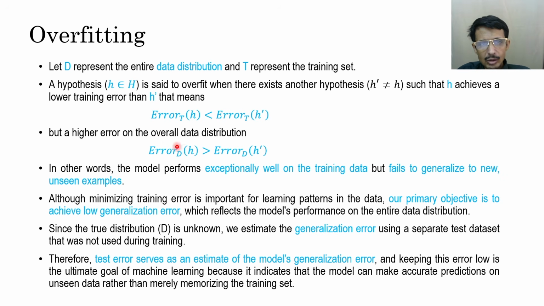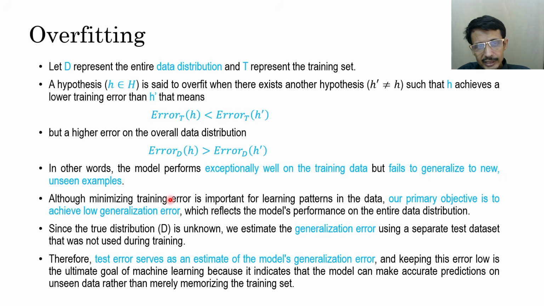So the test error, or error over the overall data distribution, is higher for H than for H bar. In other words, the model performs exceptionally well on the training data, but fails to generalize to unseen examples. If this situation happens, we say that our model is overfitted.